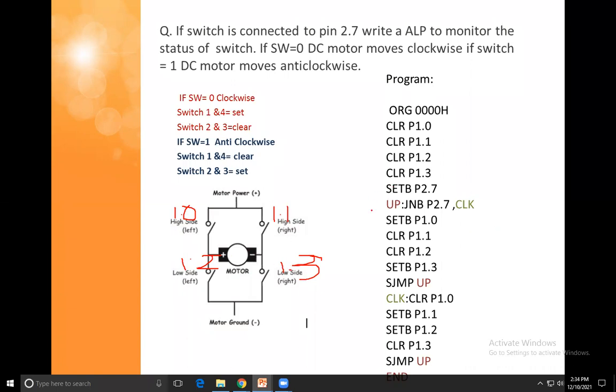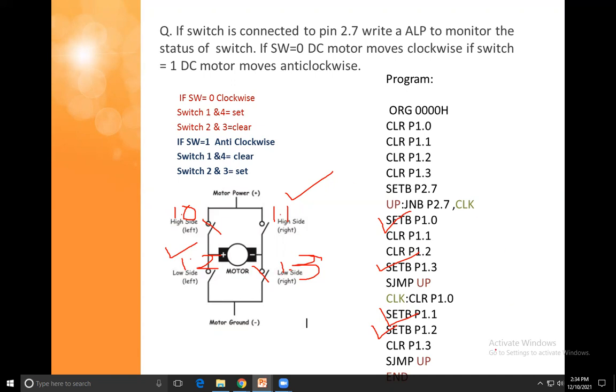Okay. For clockwise, this bit and this bit is on. When this is on, it is for clockwise direction, and for anti-clockwise direction, set bit 1.1. So you have to set this bit, and set bit 1.2. You have to set this bit one. So here is a set bit 1.1 and set bit P 1.2. So by using that, you have to connect this in clockwise and anti-clockwise direction.